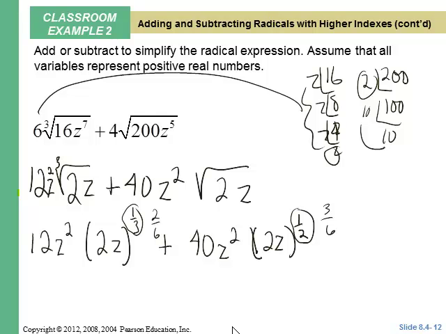Let's see, cube root. Oh, yeah, we can't simplify it anymore. We just have to leave it the way it is. 12z squared plus 40z squared, and then 2z to the 1/3 and 2z to the 1/2, or just square root like we had here. Okay, next one.